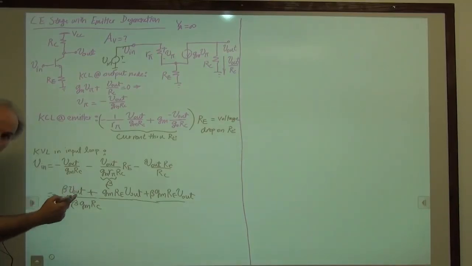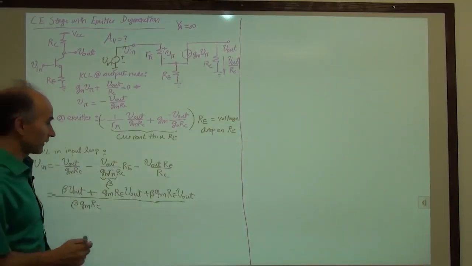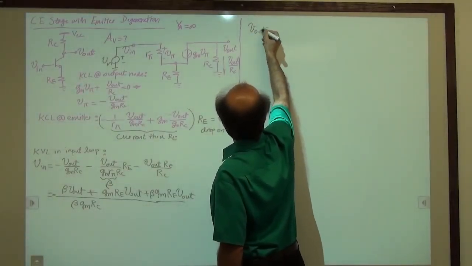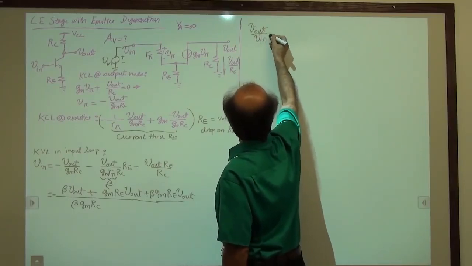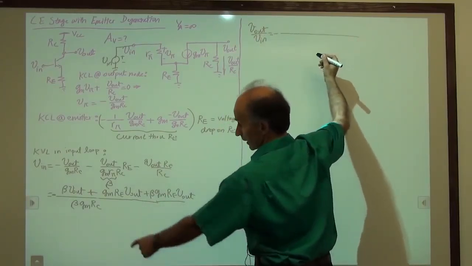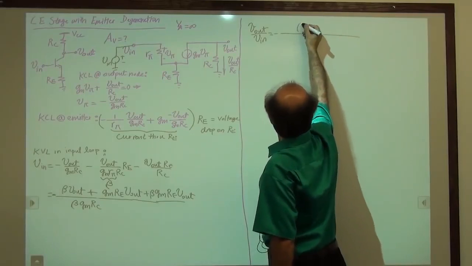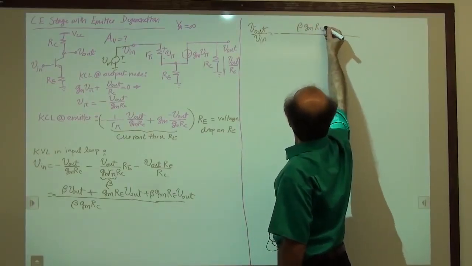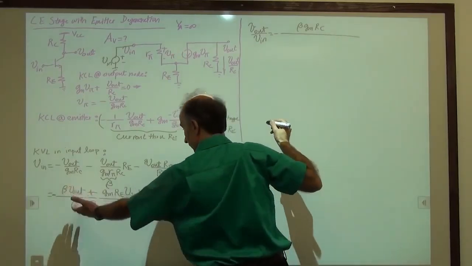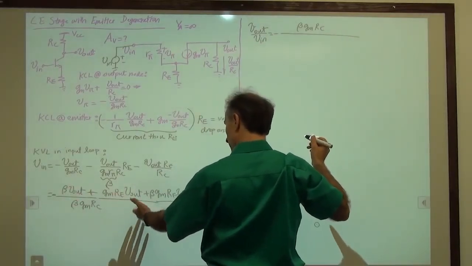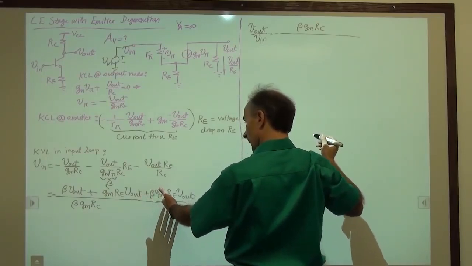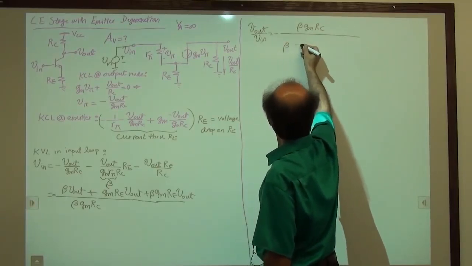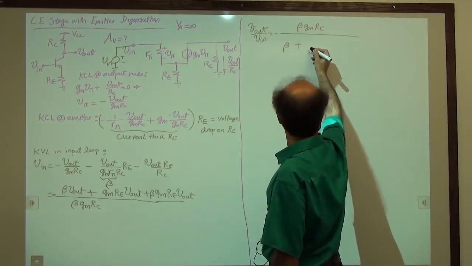So then we just factor V out and invert, and this is what we get. We get V out over V in is equal to minus beta GM RC in the numerator. And then the denominator, we have beta plus GMRE plus beta GMRE.